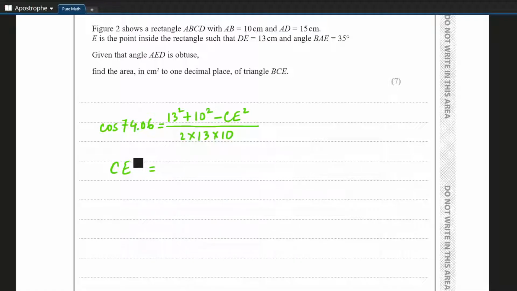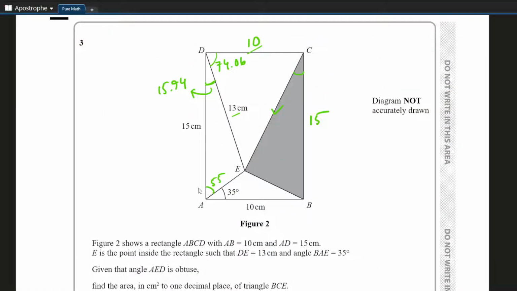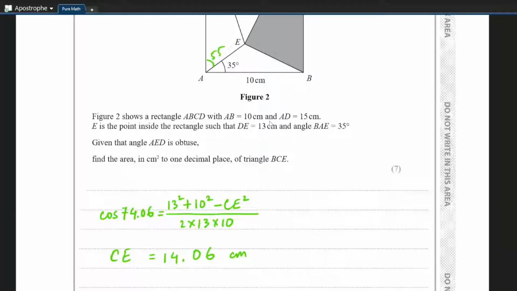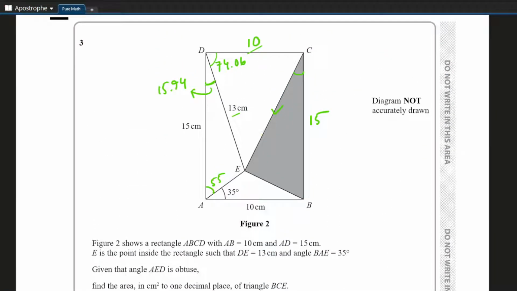So CE comes down to 14.06 centimeters. Now we have calculated CE, 14.06. Now we just need the angle.